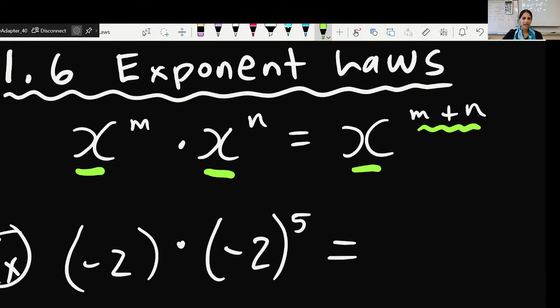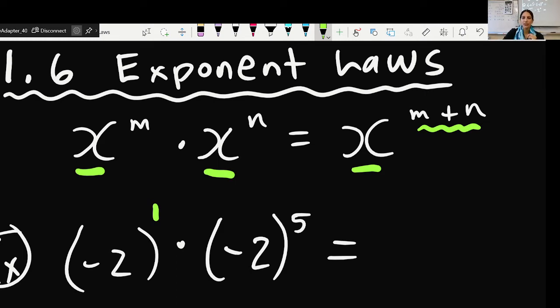-2 times -2 to the 5. First of all, if it just says -2, which exponent would be on there? We never write it, but what's actually up there? There would be a 1 there. We just never write it down, right? So if there's nothing written there, we know it's an exponent of 1.